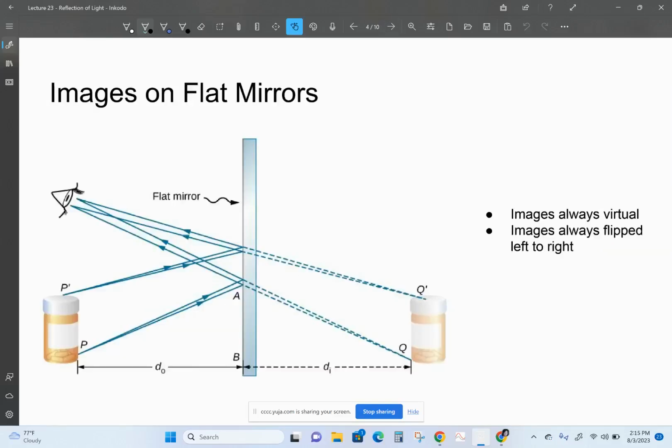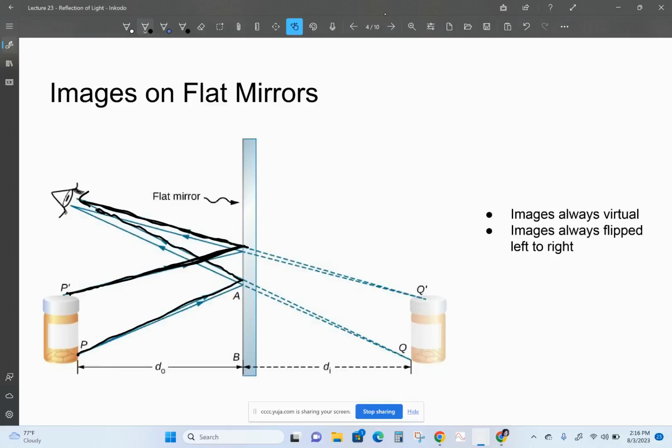It turns out that all images formed in a flat mirror are virtual images. If you think about it, you can draw rays of light from different points. The top ray hits the mirror and bounces off using the law of reflection, and at the bottom of the object, it bounces off and then back to your eye.